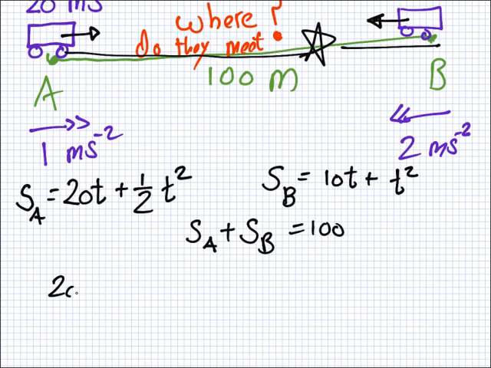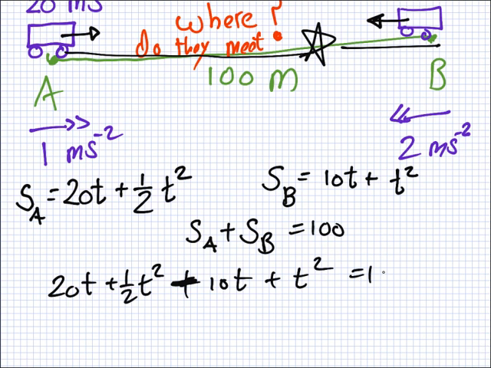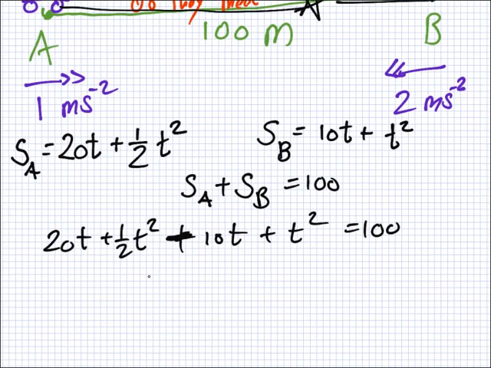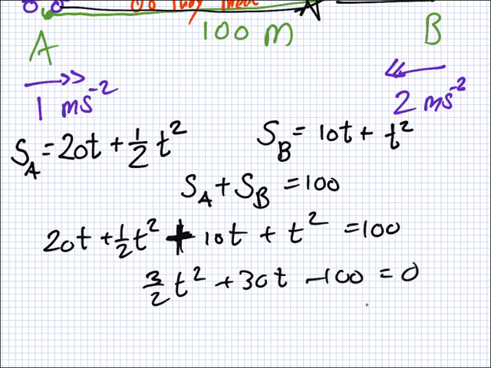So we have 20T plus a half T squared plus 10T plus T squared equals 100. That's 3 over 2 T squared plus 30T minus 100 equals 0. Let's multiply by 2: 3T squared plus 60T minus 200 equals 0.